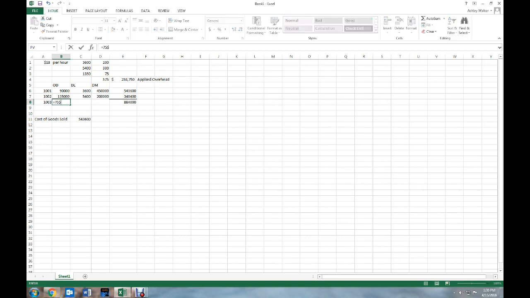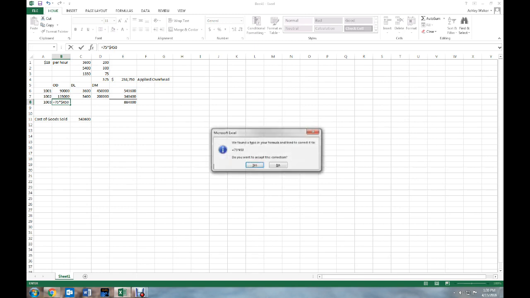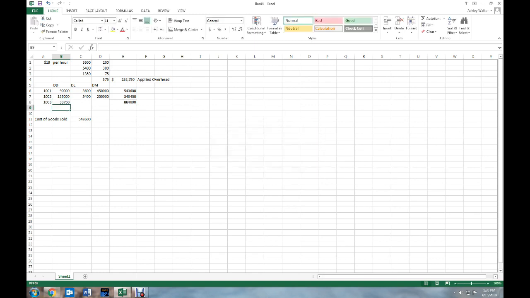Remember, our multiplier is $450 per direct labor hour. So we would have had $33,750 in overhead costs for 1,003. So now, when we add them together, we know how much we would have applied to our overhead account for those three jobs: $258,750.